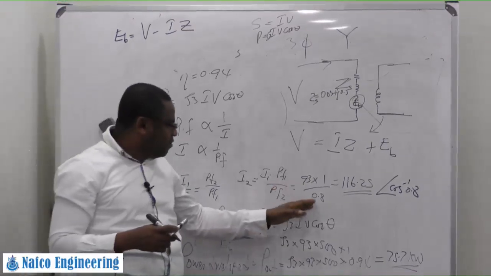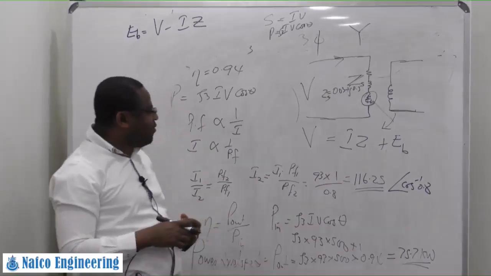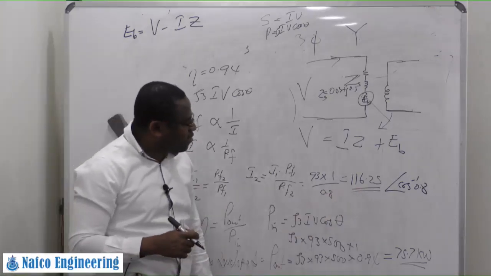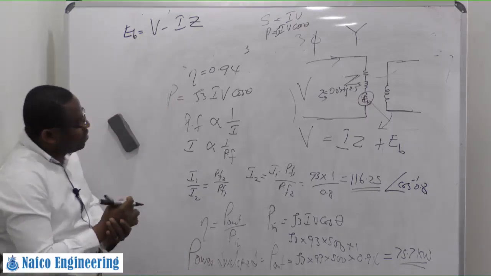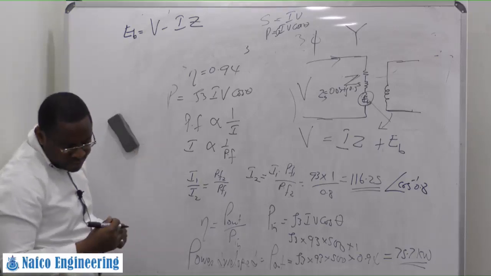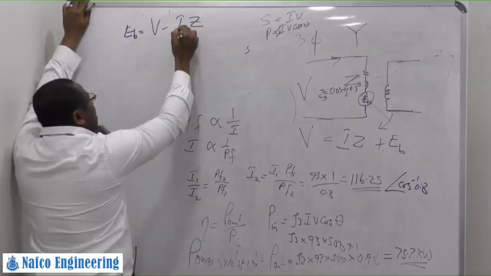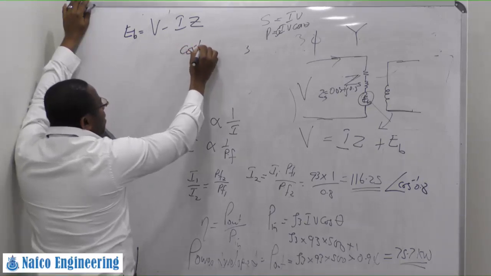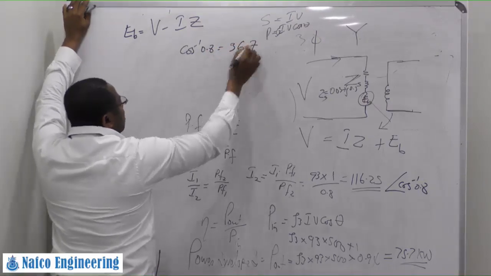Now, this is 116.25, but the power factor gave us that 116.25 at arc cos of 0.8, to get the angle itself. All right, so it means here I is arc cos of 0.8. We give it 36.7 or something like that.